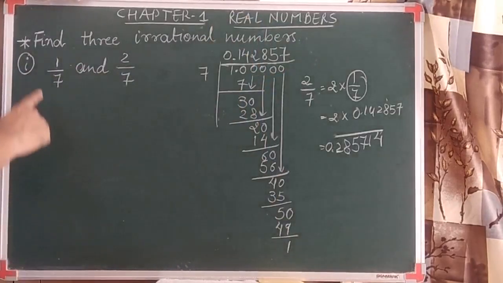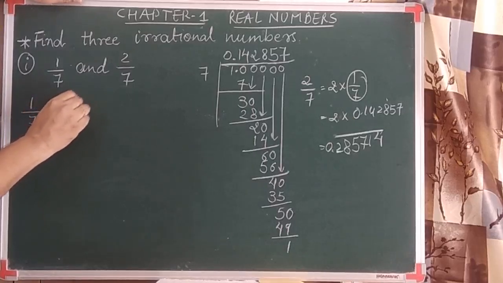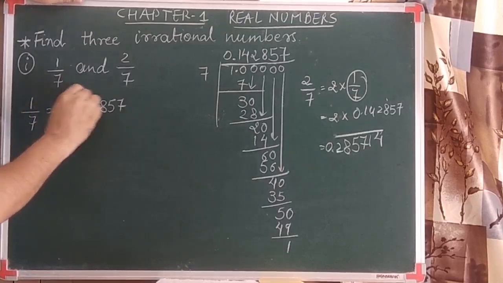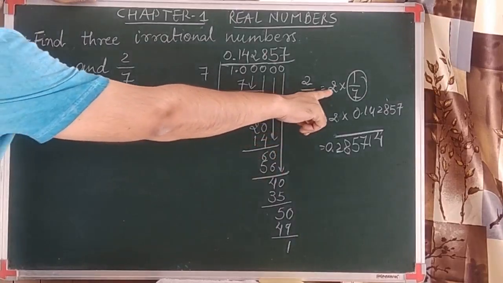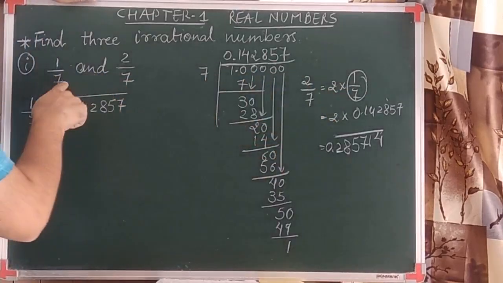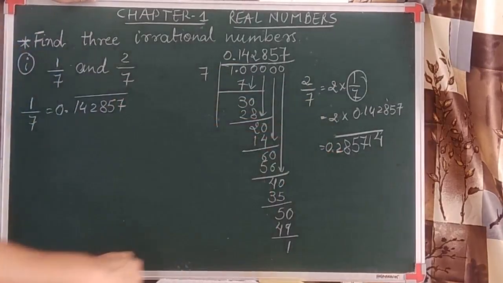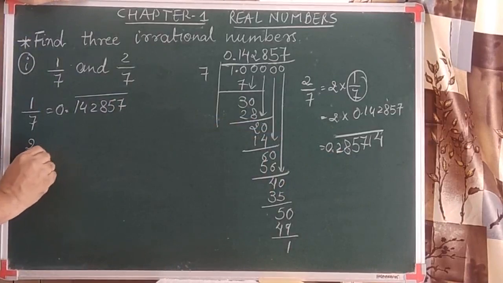This is the value of 1 by 7, that is 0.142857. Now we have to find the value of 2 by 7 also. Here I have done 2 into 1 by 7. So whatever value of 1 by 7 was obtained, I have multiplied with 2. So I'll get 285714.